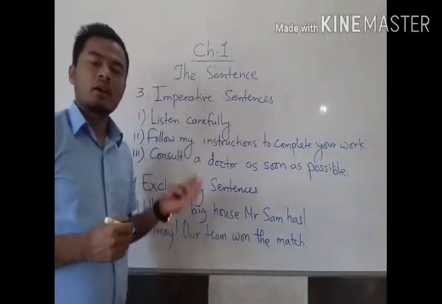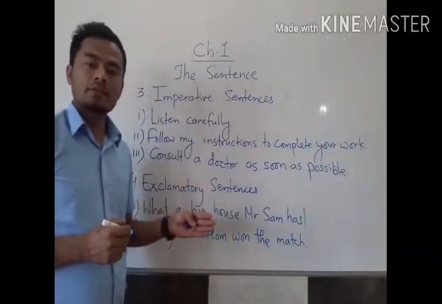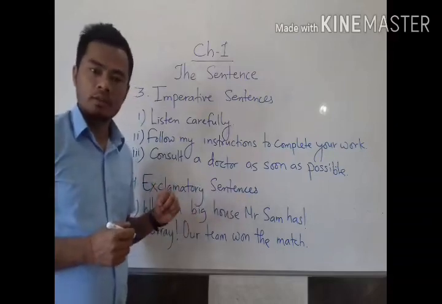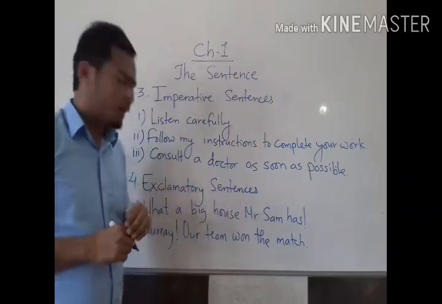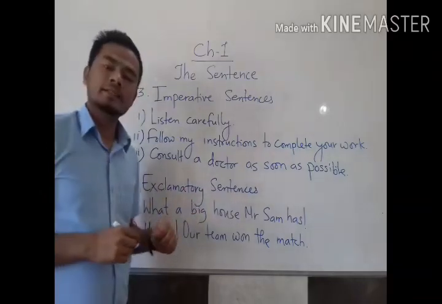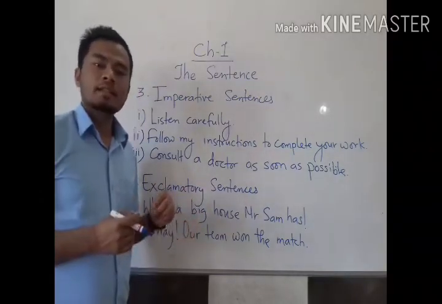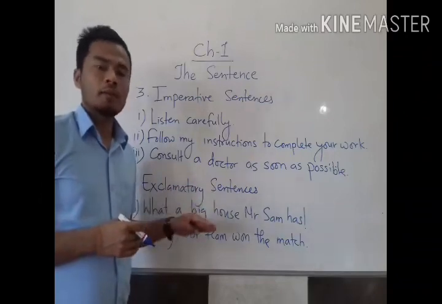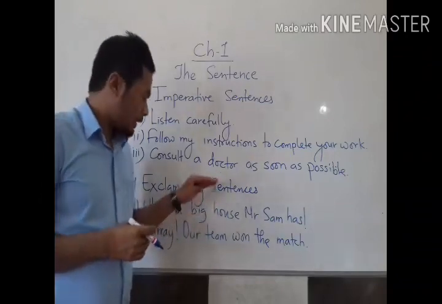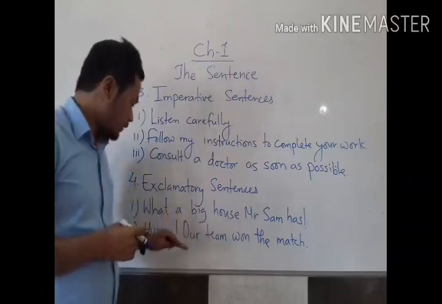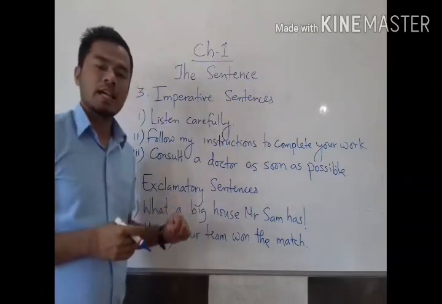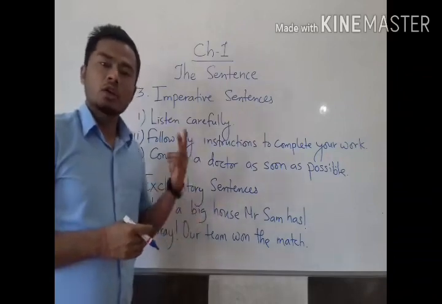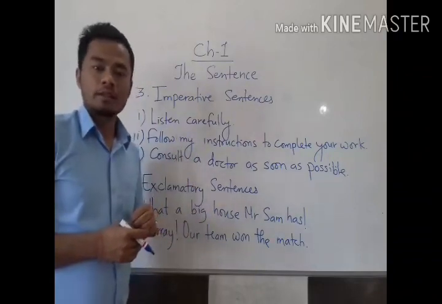They always end with an exclamation mark when framed by using WH words. Otherwise, if they are framed by using interjections, they carry an exclamation mark after the interjection. If we frame exclamatory sentences by using interjections, sometimes that sentence may carry two exclamation marks.